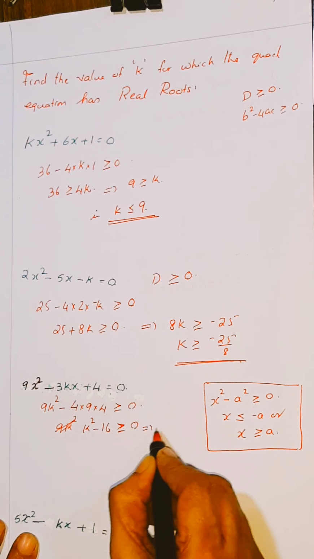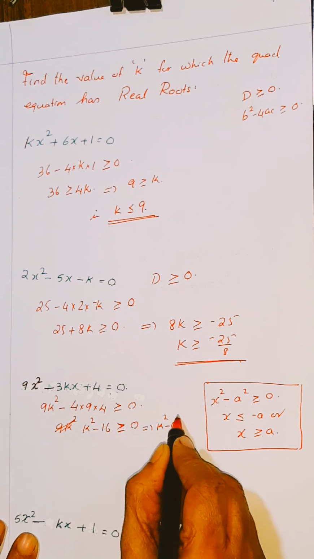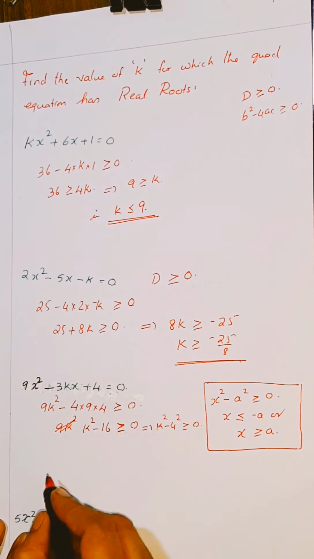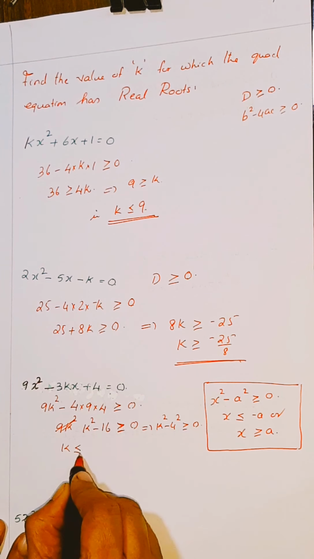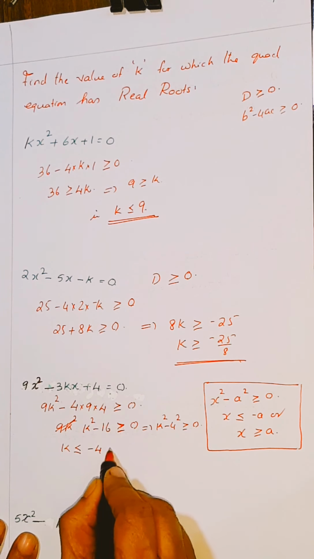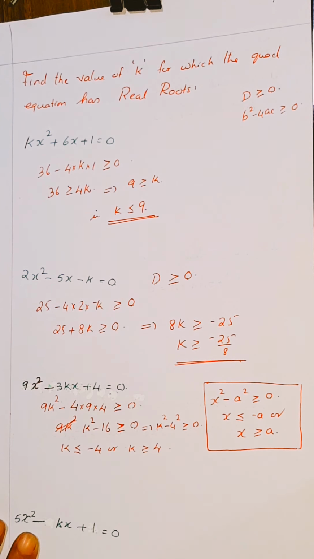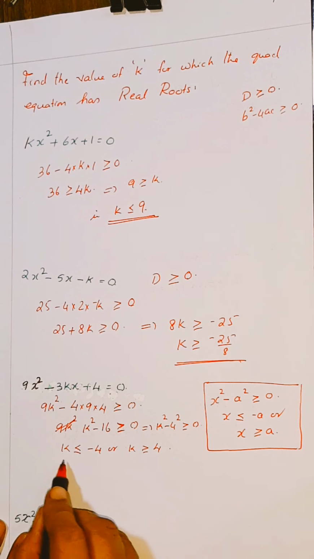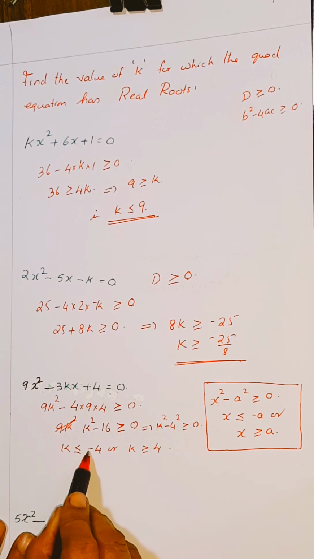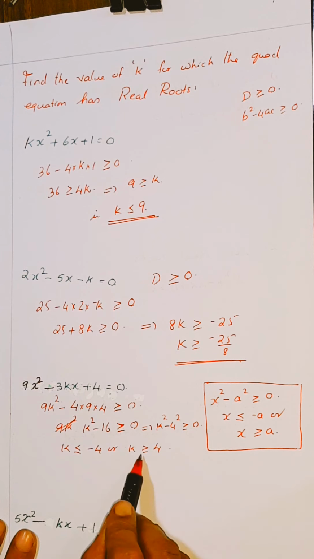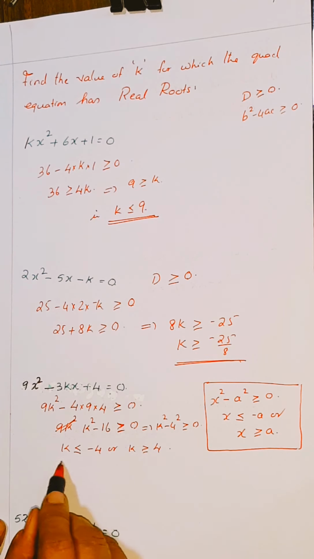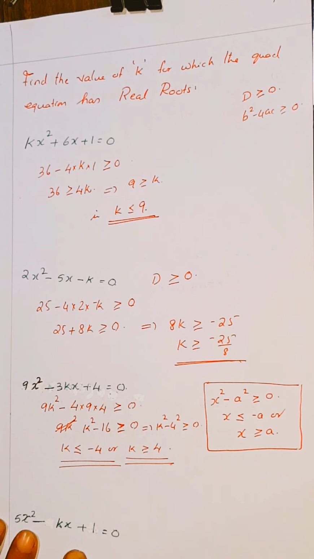So this is k squared minus 4 squared greater than or equal to 0. Therefore k is less than or equal to minus 4, or k greater than or equal to 4. So the answer will be k is less than minus 4, or k is greater than 4. For all these values, the equation will have real roots.